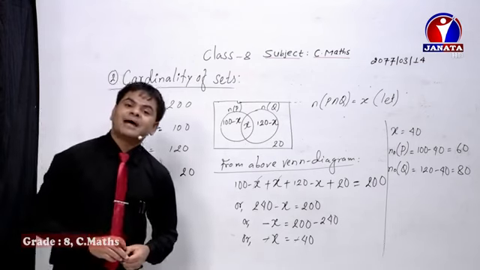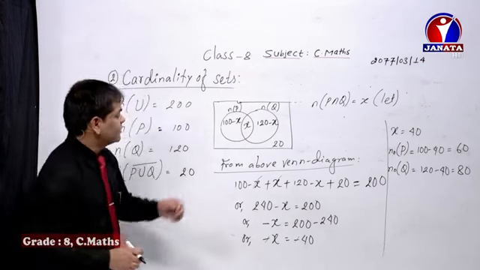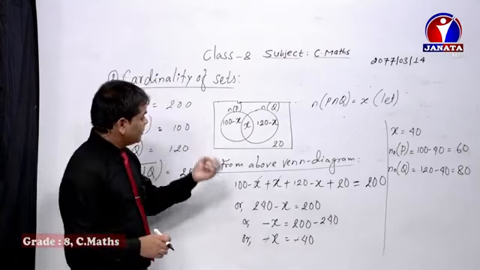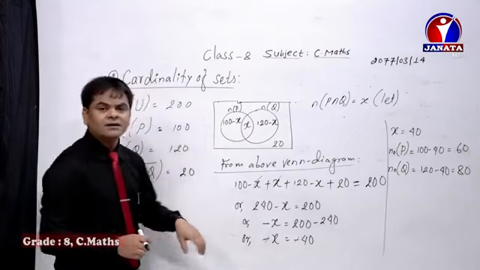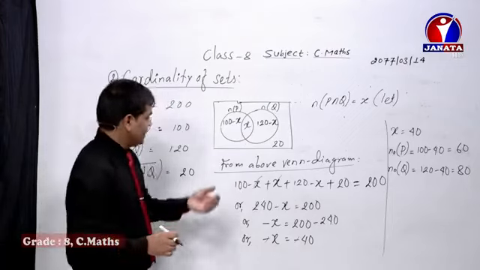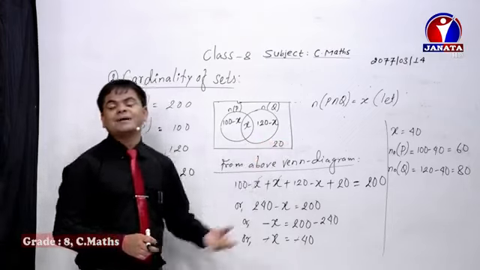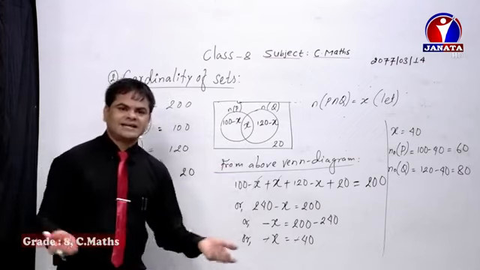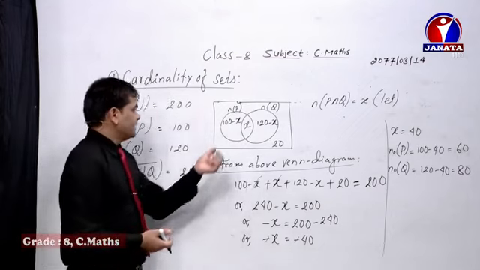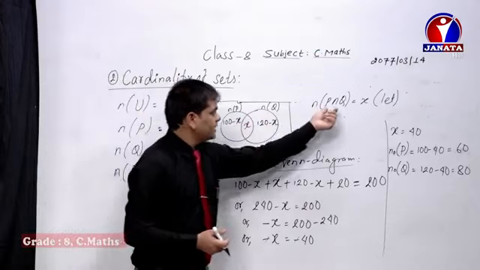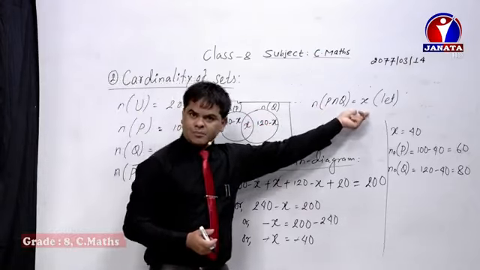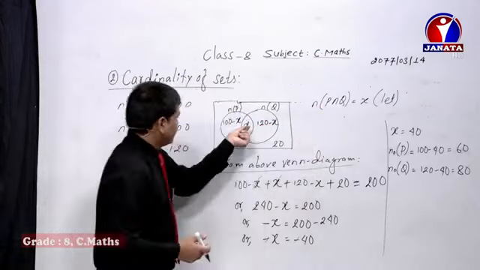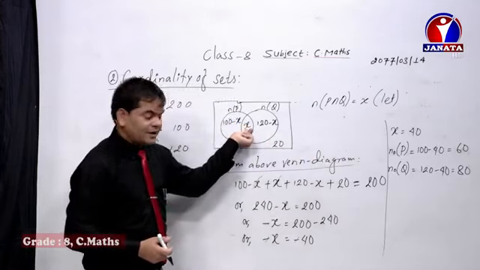As the intersected value is not mentioned here, we need to suppose the value which is not included in the question. Sometimes the value of the complement side may not be given, and you need to suppose x, y, z, any variables. Now in this question, as the intersected part value is not given, we suppose x, and we keep it in the place of the common area.